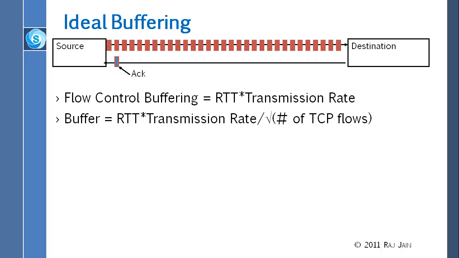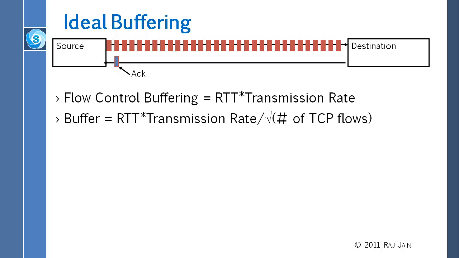I have a question around the first one. Why is it RTT times transmission rate and not just the one-way transmission rate? Yeah, that's a very valid question, because what you want to do is keep the source busy for the whole round trip.